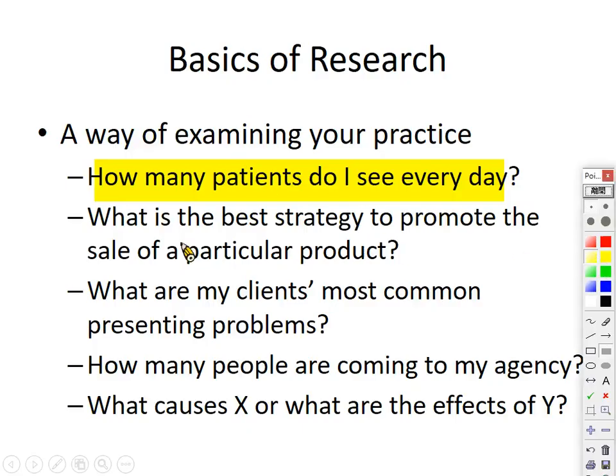Or, what is the best strategy to promote sale of a particular product? To sell a product, there are many different ways, right? For example, if you are owner of a McDonald's branch, the franchise store, and McDonald's is promoting a rice burger for some time. It will be very difficult to combine rice and hamburger.